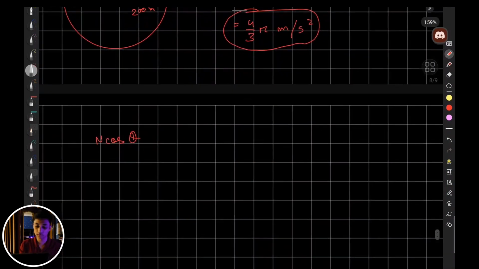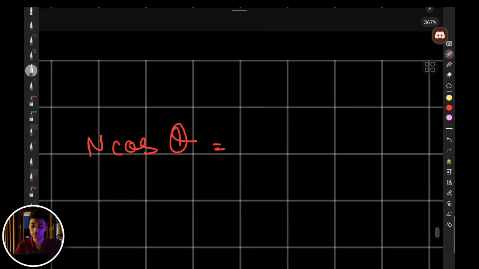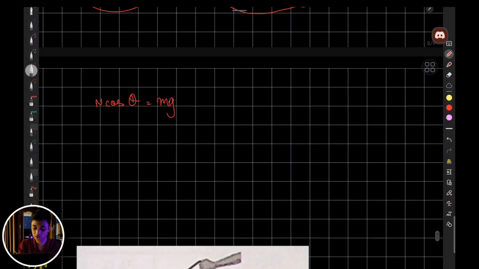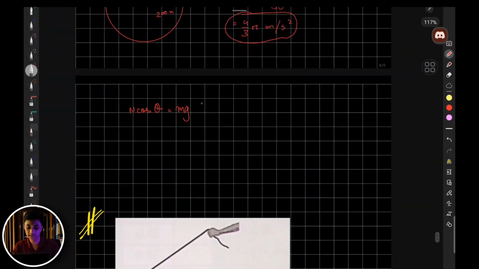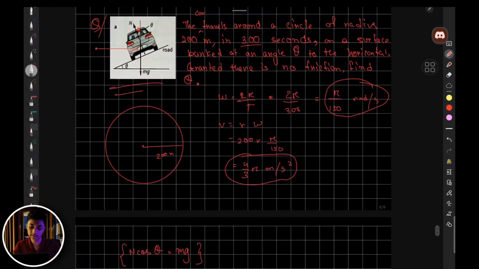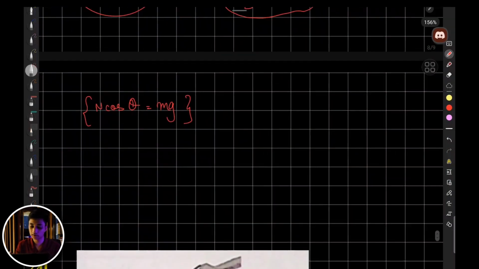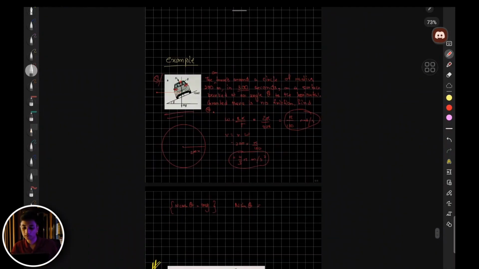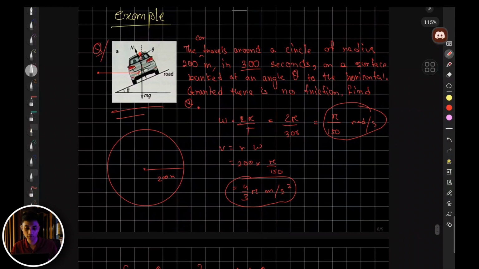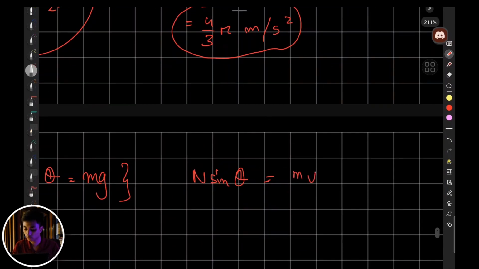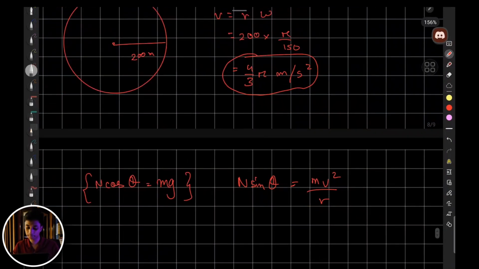N cos theta is equal to mg, but we don't really need this. What we need is the horizontal component, which is going to be N sine theta. N sine theta is going to give you mv squared by r. All right.